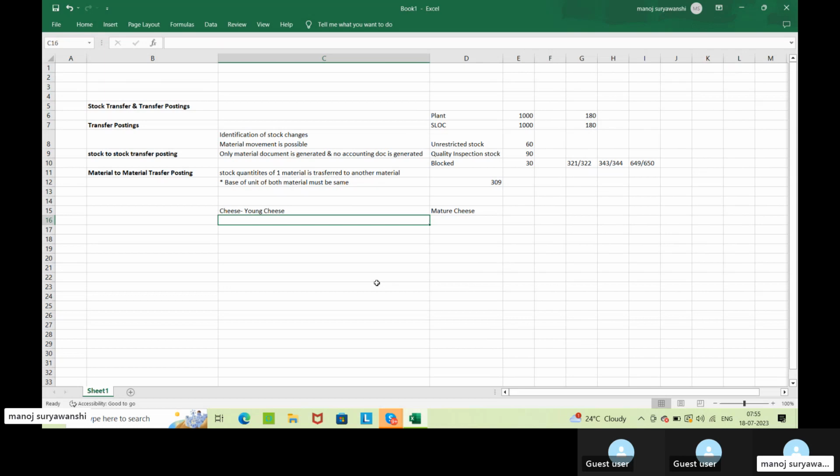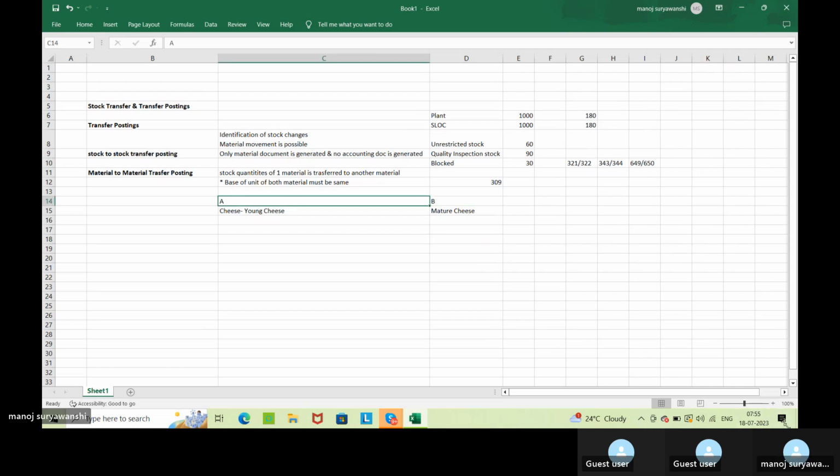Now what happens is when you do some processing on young cheese, temperature related on the production line. Suppose there are 2 points, point A where your young cheese is manufactured and point B is where your mature cheese is manufactured.